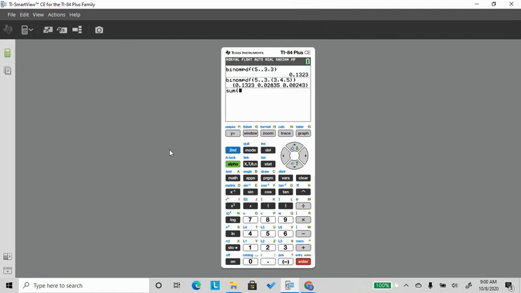See ANS? So I'm going to do second ANS and then enter. It went back and added those 3 things together. So this is the answer to 3, 4, and 5, and then I said, hey, sum up my last answer. It went to the bracket and added those nicely for me. So my answer is 0.163.